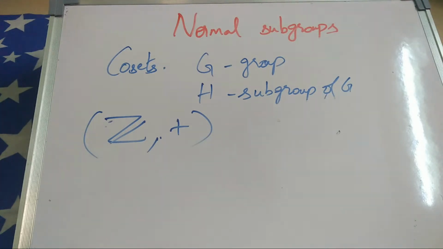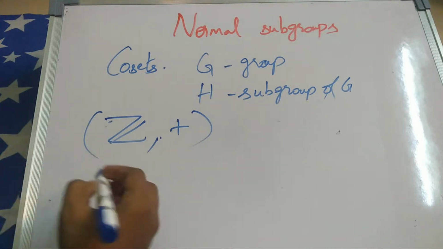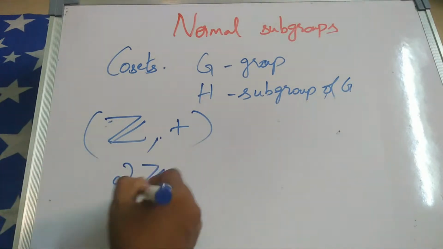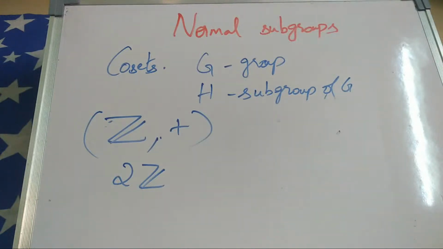Fine. Consider Z under addition. Now we will consider one subgroup of it, say 2Z. Now, because this has an infinite number of elements, it is not humanly possible to check everything, but we will try finding out what happens to every coset.